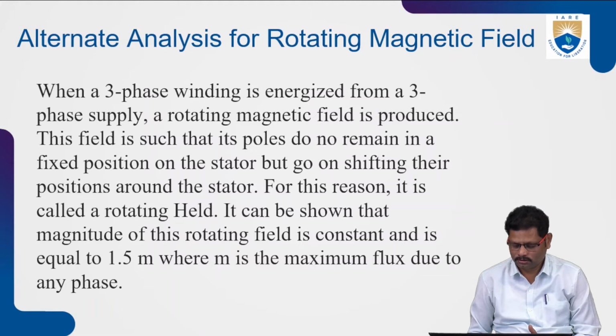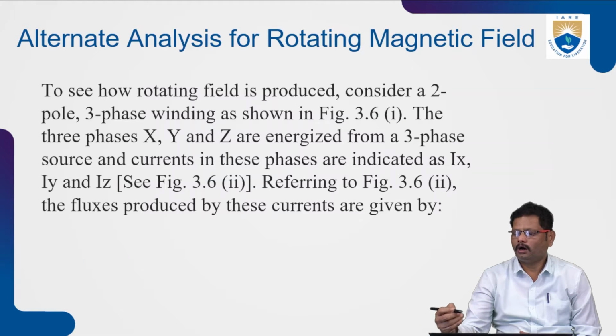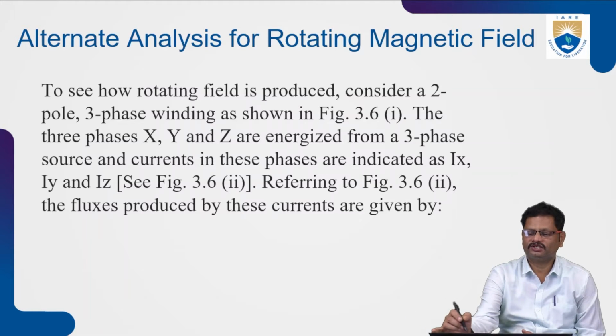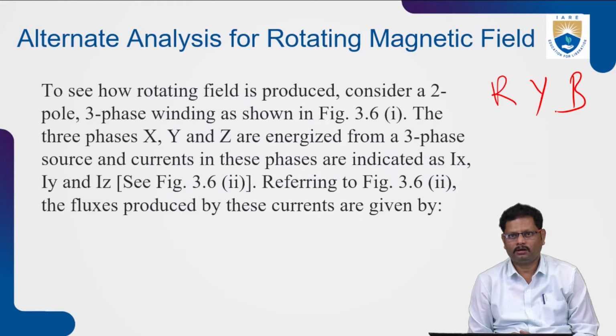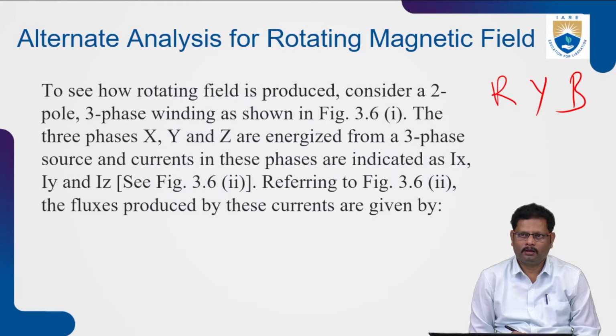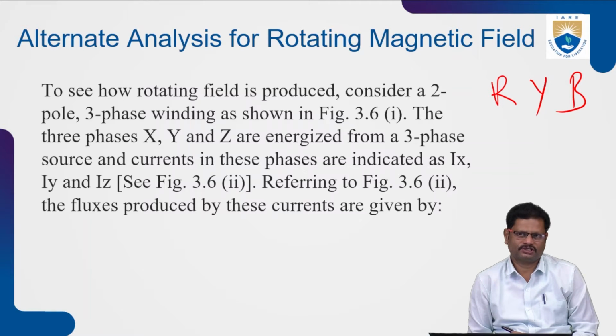Because it has three phases, let us say the three phases X, Y and Z, or maybe R, Y, B, denoted as R, Y, B: red, yellow and blue. The currents are induced in these three phases.